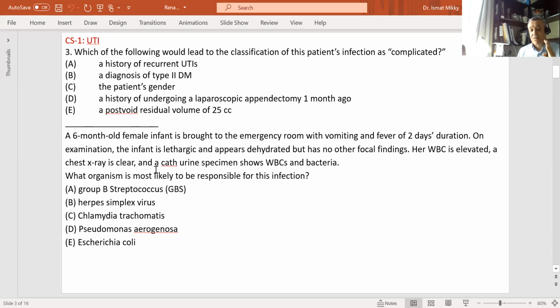A residual of 50 up to 100 in the bladder after voiding is abnormal, which would predispose the individual to develop a UTI. So any individual who has an amount of urine after voiding over 50 up to 100 residual, that is abnormal, and that would be a risk factor for the development of UTI. So 25 is normal.